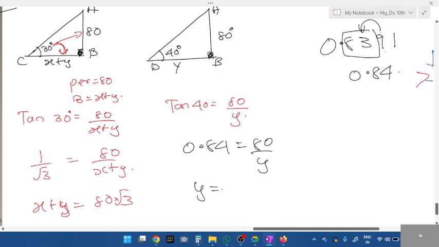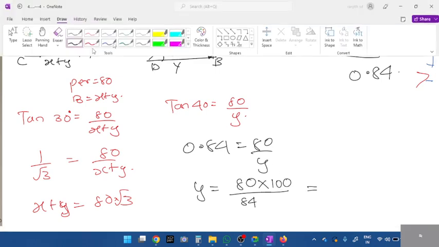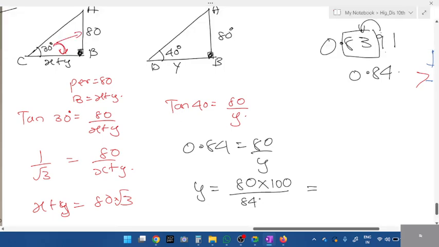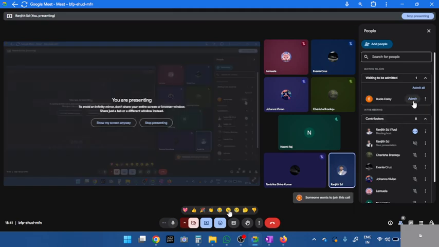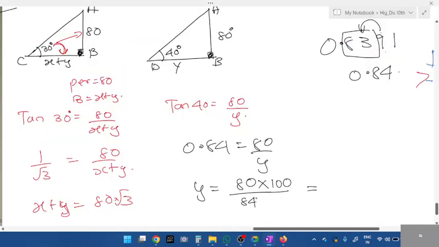If you want to find the value of Y, how do you find it, students? 80 divided by 0.84. When I remove the decimal, 84 divided by 100, that 100 will get multiplied. How many times does it get reduced? Tell me the 4 times table. 4 into 21 is 84.